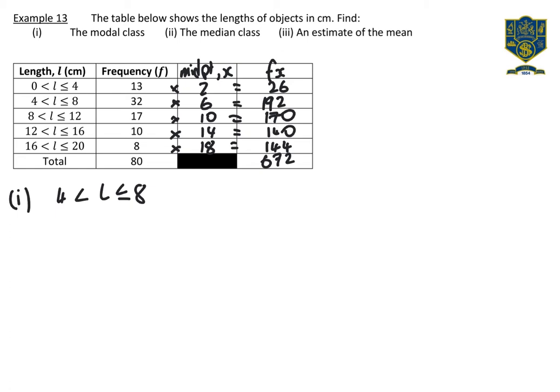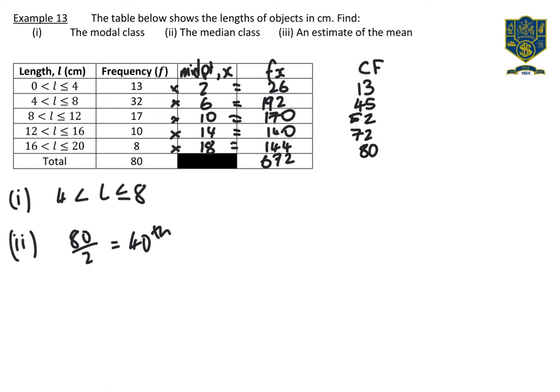To work out the median class, that's the middle class, it's the one with the middle value. Well, we know that there's 80 terms, so the median is going to be 80 over 2, which is the 40th term. So if we work out the cumulative frequency, in the first group there's 13, the next group there's 32, which takes us up to 45. 17 more is 62, and then 10 is 72, and our last 8 is 80.